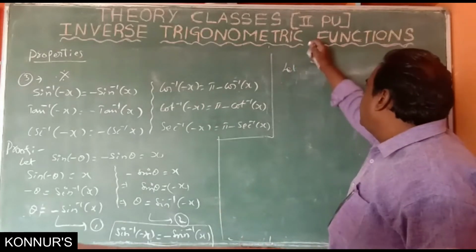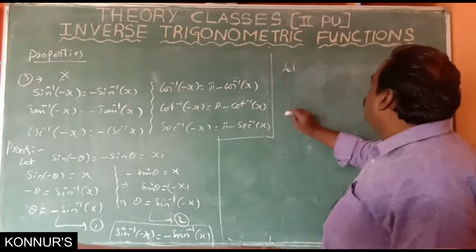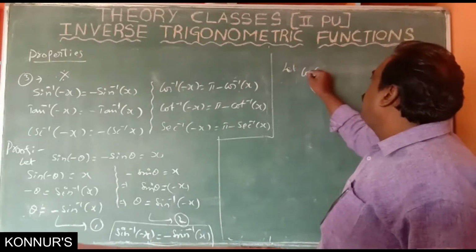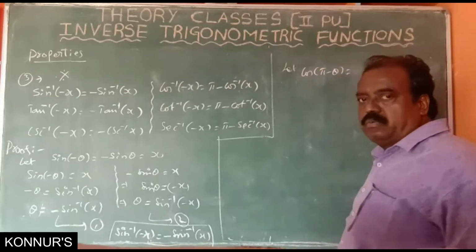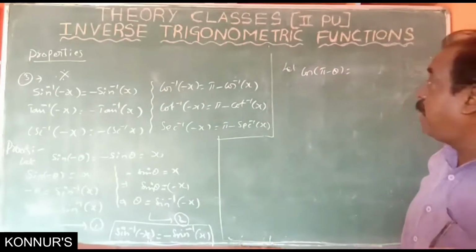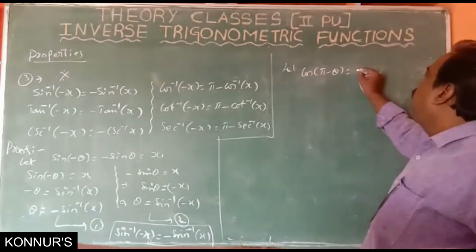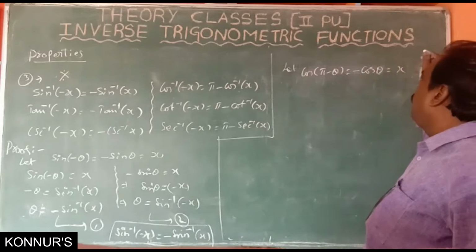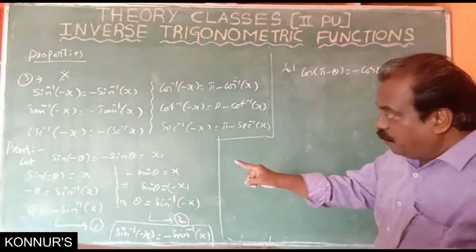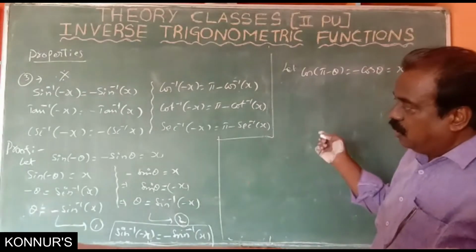So it is wrong. So we consider cos of pi minus theta is equal to minus cos theta is equal to x. Try to understand both sine and cos.